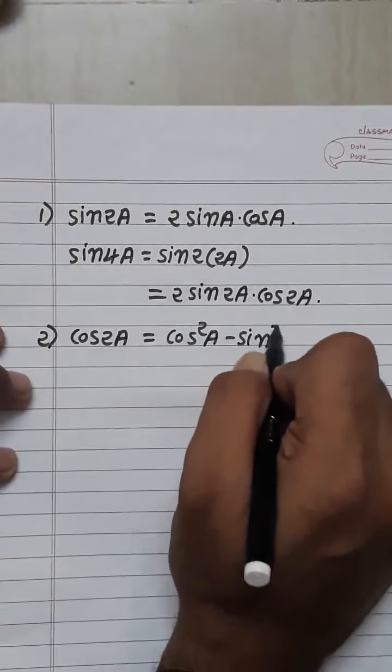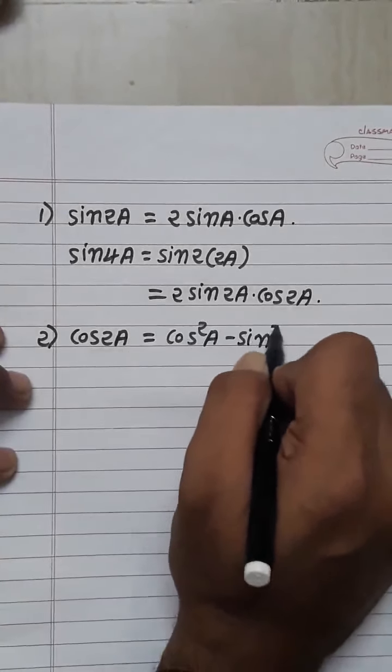So here in place of cos square a write 1 minus sin square a, minus sin square a, that means 1 minus 2 times sin square a. So our proof is cos 2a is equal to 1 minus 2 sin square a.